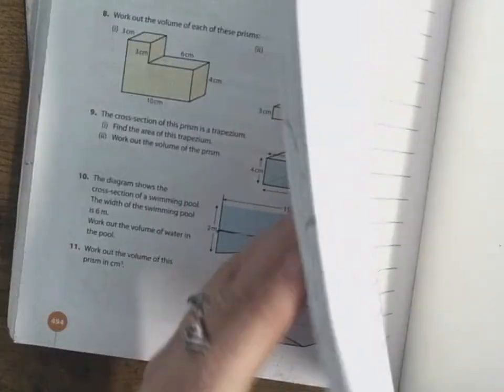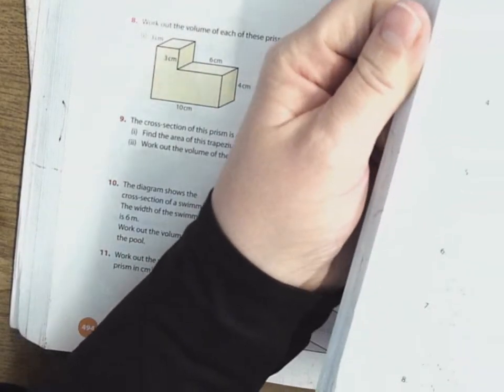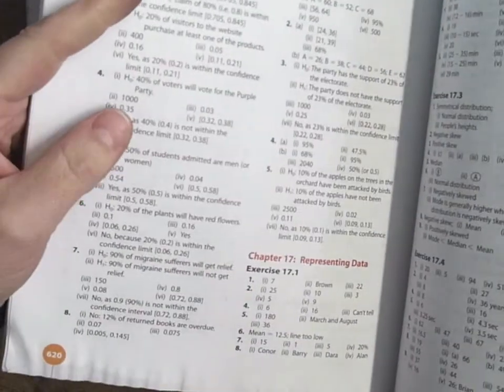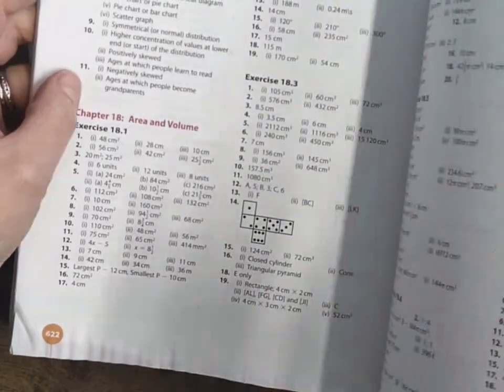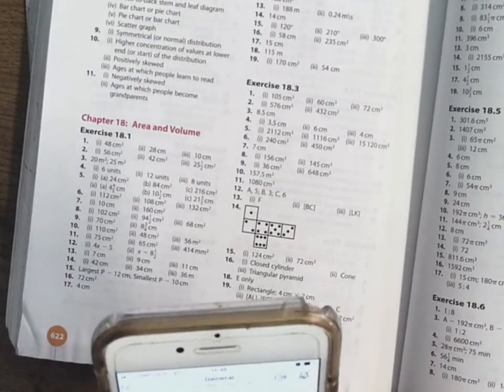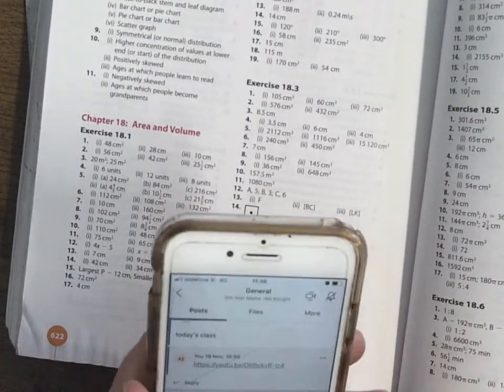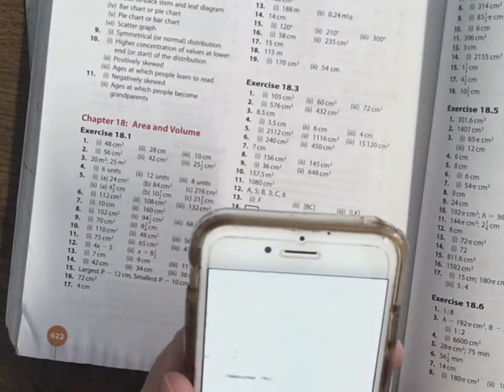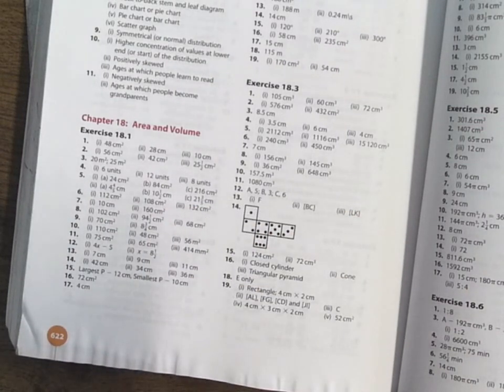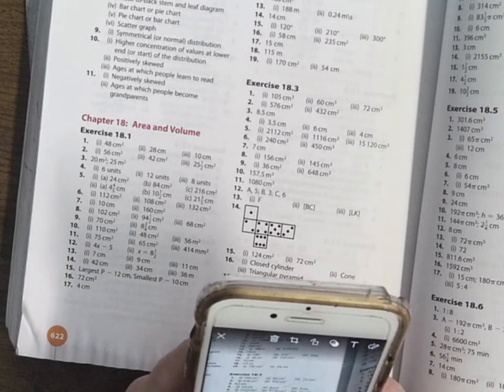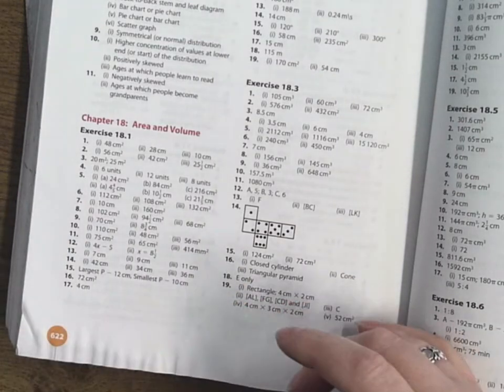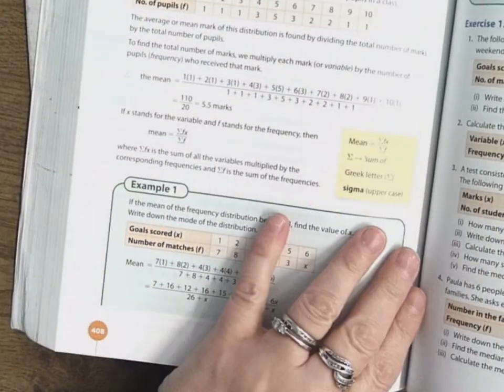So I'll put up the answers as well, so you know you're going right. Okay? What page did I say? 494.